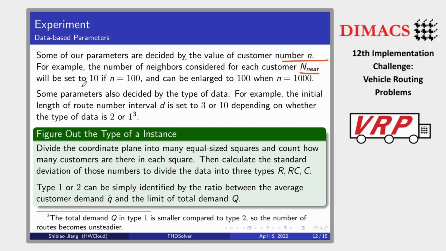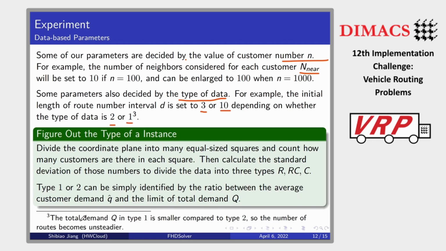And also some parameters are decided by the type of data. For example, the initial length of route number interval D is set to 3 or 10, depending on whether the type of data is 2 or 1. The 3 corresponds to type 2, and the 10 corresponds to type 1.